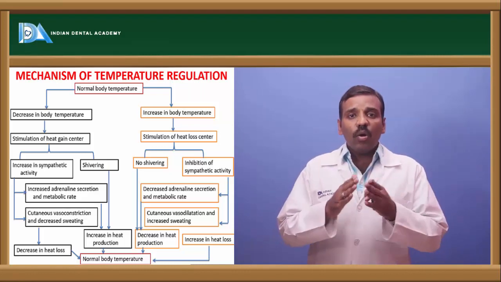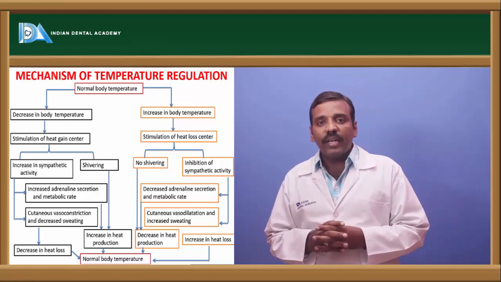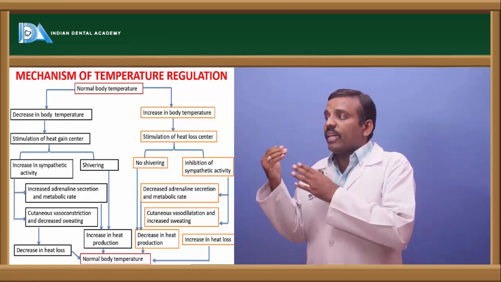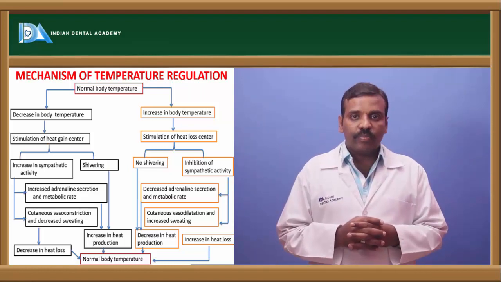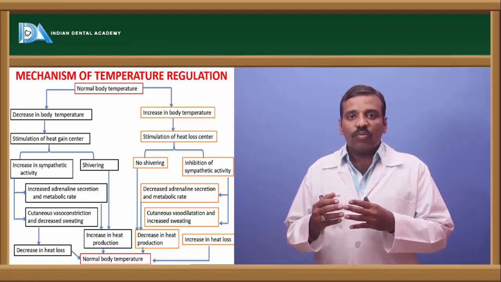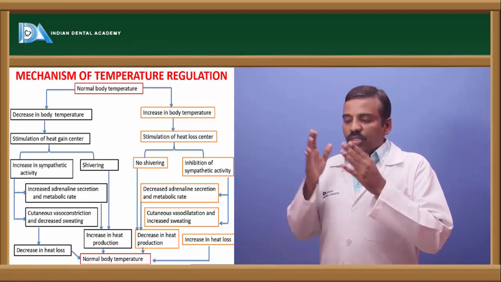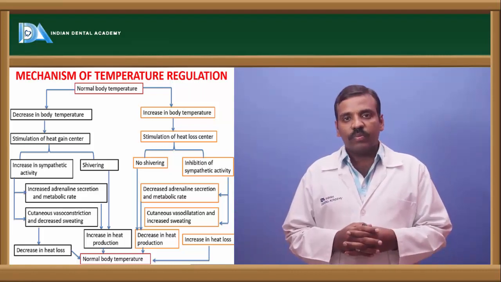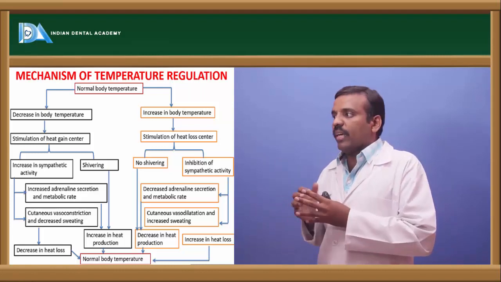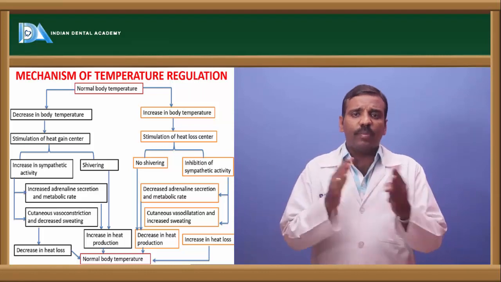And when the body temperature goes on increasing, there is immediate activation of the heat loss centers. With activation of the heat loss centers, there is no shivering at all, there is a decrease in heat production, and immediately it comes to normal. Another mechanism is inhibition of the sympathetic activity. It is quite opposite to the heat gain mechanism.